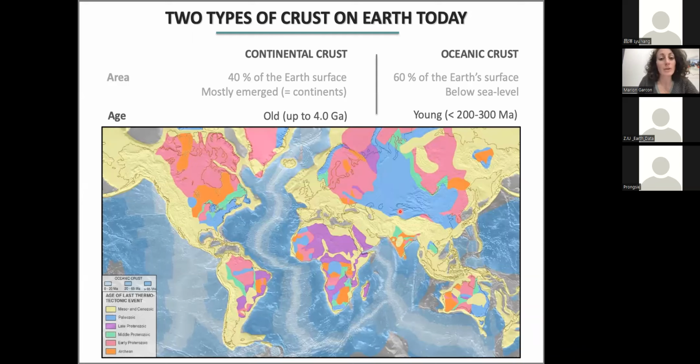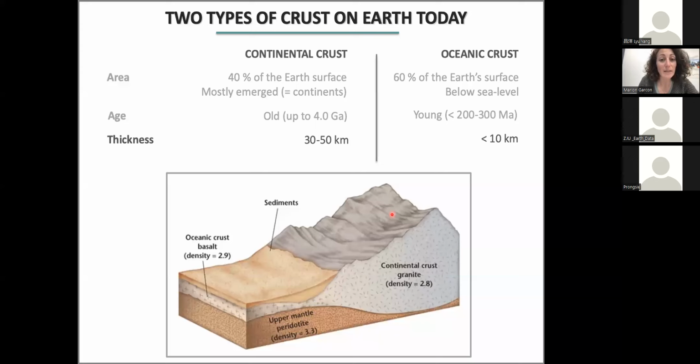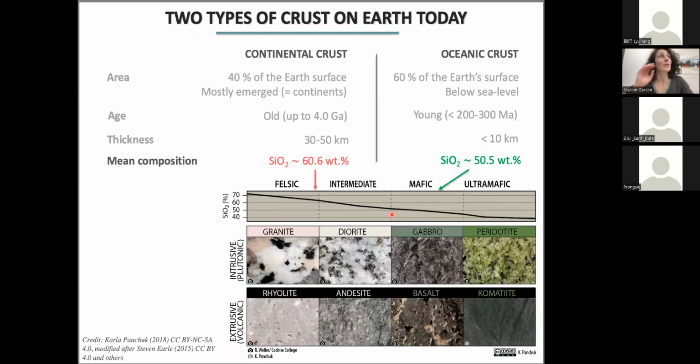They are also different in terms of thicknesses. So it's quite thick for the continental crust, 30 to 50 kilometers, and quite thin for the oceanic crust, usually less than 10 kilometers. And another important difference is their mean chemical composition.